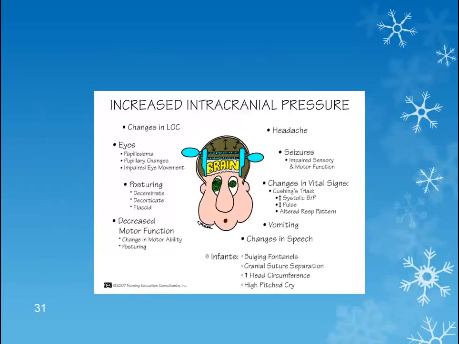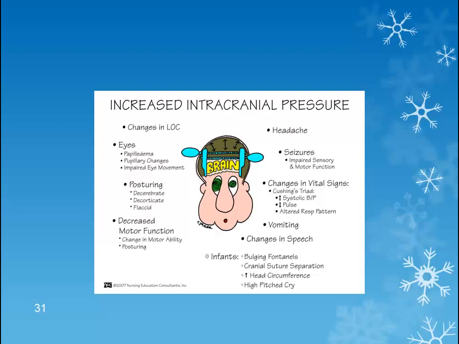Increased intracranial pressure. This is a little cartoon to describe changes in increased intracranial pressure. For example, changes in level of consciousness, the eyes showing papilledema, pupillary changes, impaired eye movement, possible posturing, decerebrate, decorticate, or flaccid, signifying brainstem dysfunction, decreased motor function, changes in motor ability, posturing, again, a late sign of increased intracranial pressure.